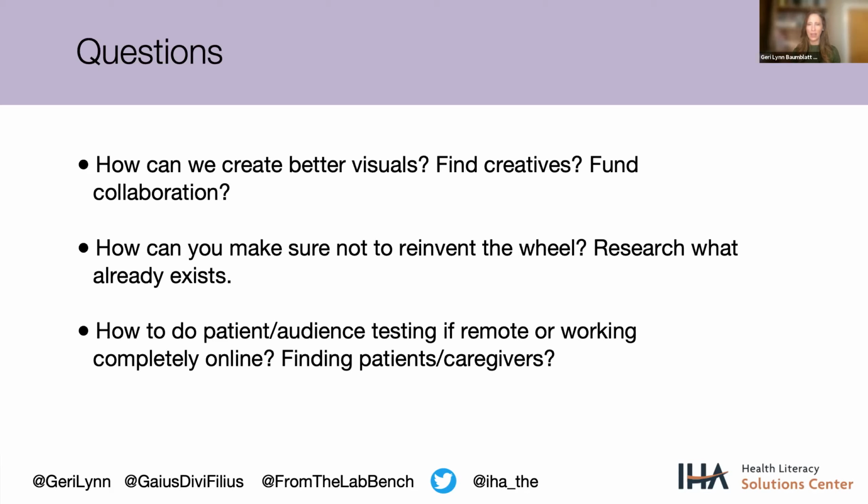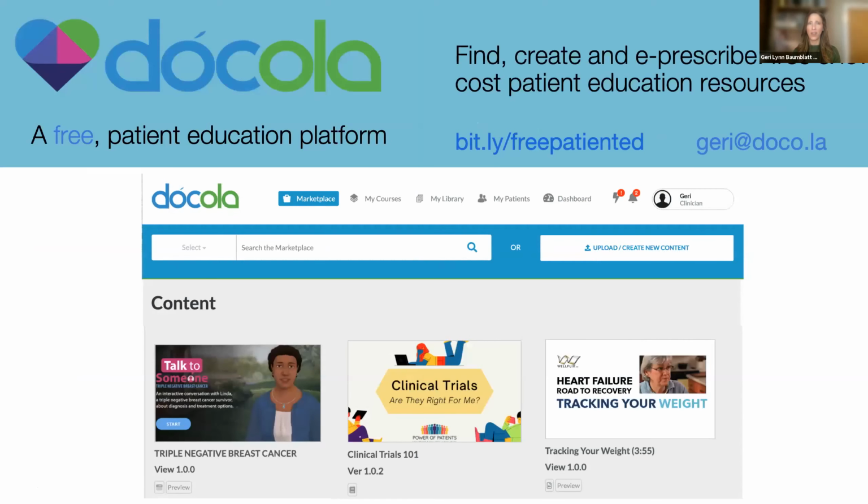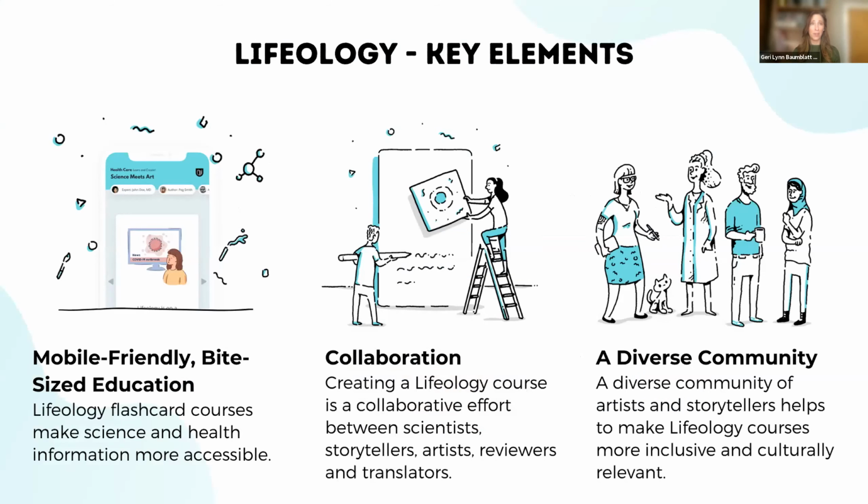So I'll just show a couple of our other things here. One way to not have to reinvent the wheel is the platform I'm working with, which is free. It's a social good platform. Increasingly, we're creating a patient education content clearinghouse or marketplace where people can find a bunch of mostly free resources. And then Paige, you want to spend just a couple seconds mentioning lifology?